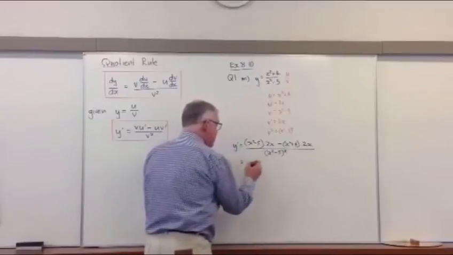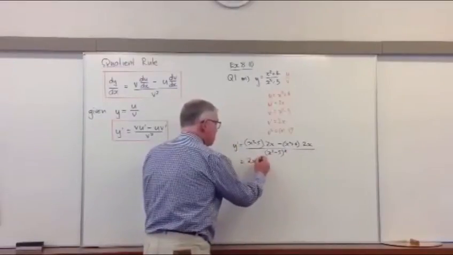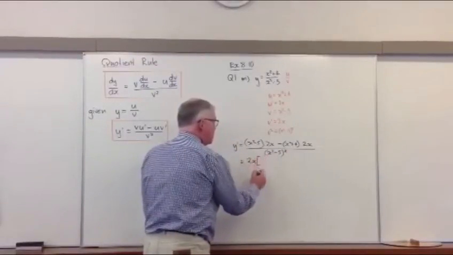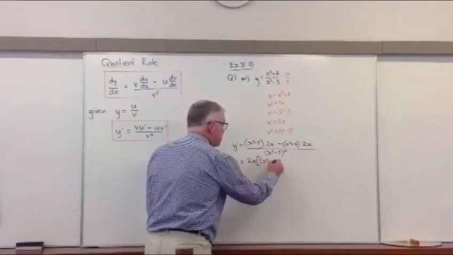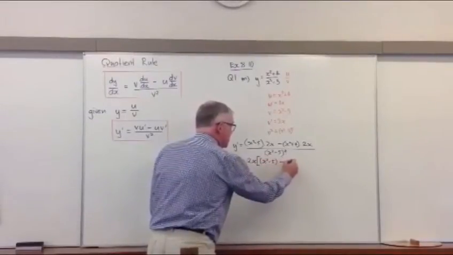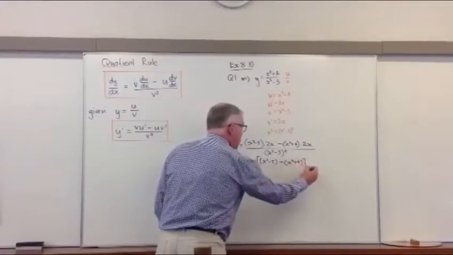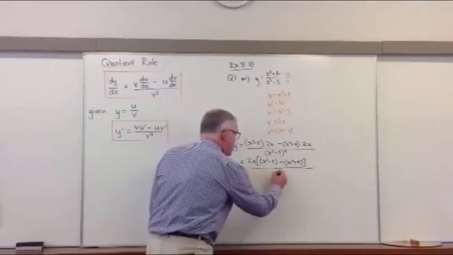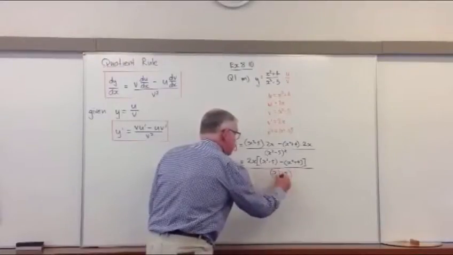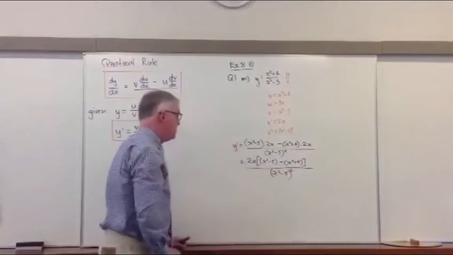So I'm going to take 2x out as a common factor, which would leave us with x squared minus 5 minus x squared plus 4, all over x squared minus 5 all squared.